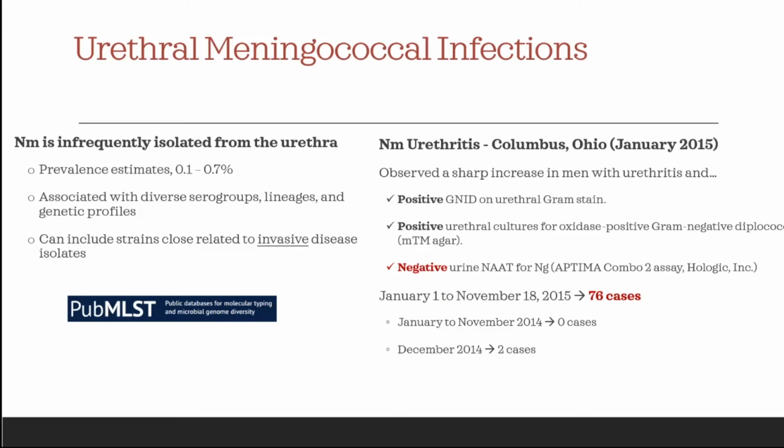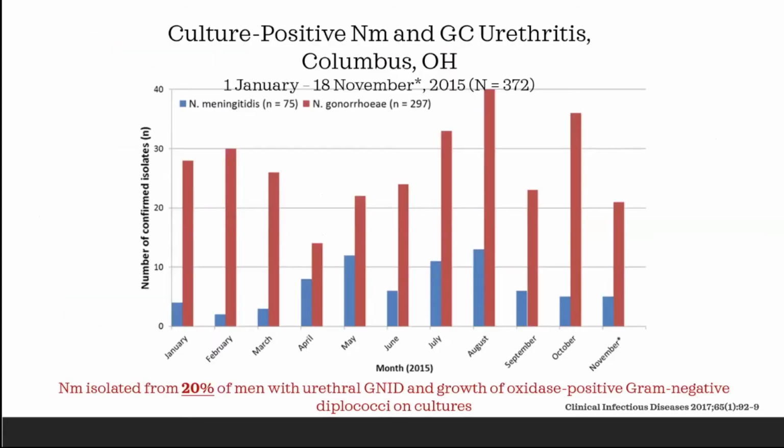From January to November, they had 76 cases of meningococcal urethritis. Prior to that, they had 0 cases and began to see the appearance of this in actually December of 2014. This is just the epi curve looking at culture positive Neisseria meningitidis and gonococcal urethritis in Columbus during that time period.